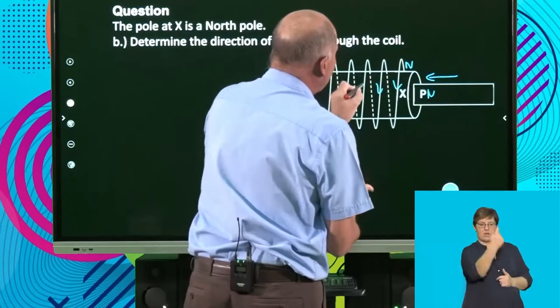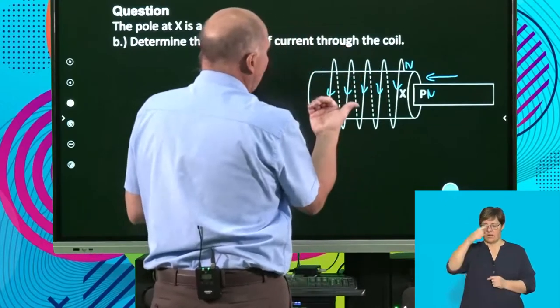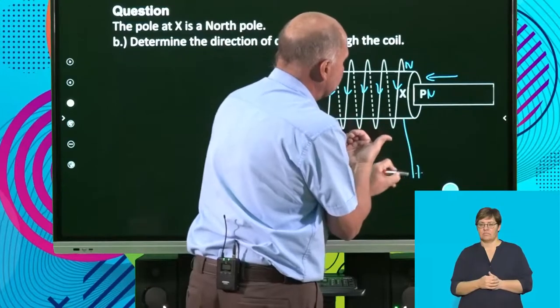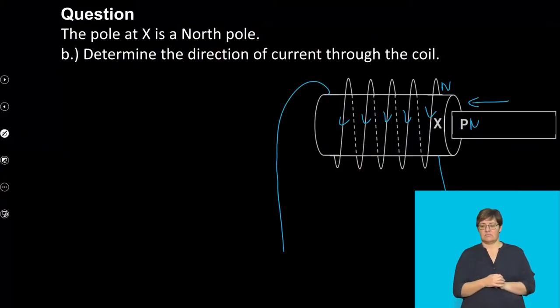It's going to be going up on the dotted lines, and in that way, I will recognize that this piece of wire is connected to the positive end, and this piece of wire that comes out here is connected to the negative end, and we recognize we've got the direction of the current.